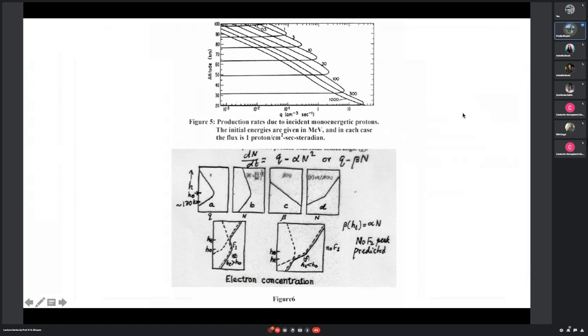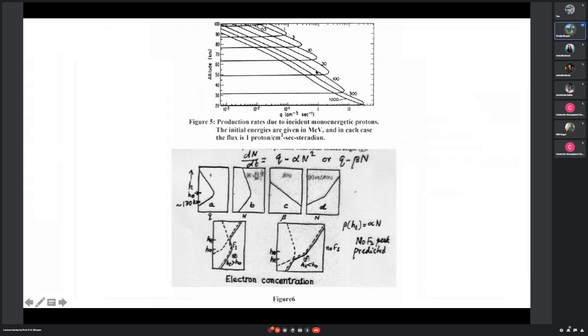If you can see figure 6, forget about figure 5. Figure 5 is for production at different initial energies. The electron production or ion production will be maximum for the maximum energetic particle, that here it is 1000 MeV.